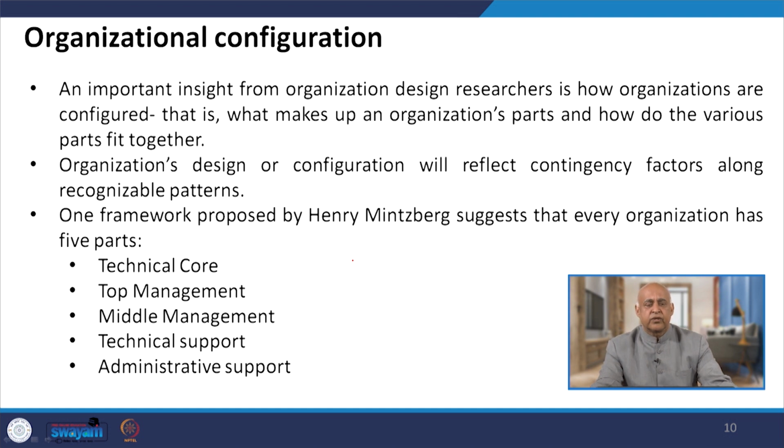One framework proposed by Henry Mintzberg suggests that every organization has 5 parts: technical core, top management, middle management, technical support and administrative support. A beautiful classification, and I know this is not all.